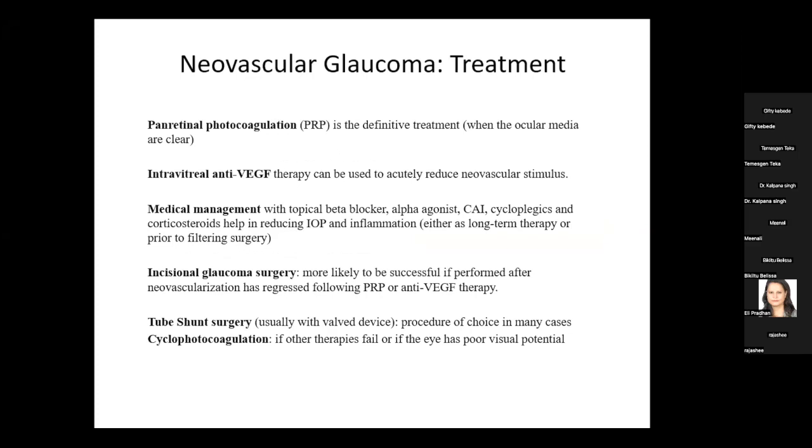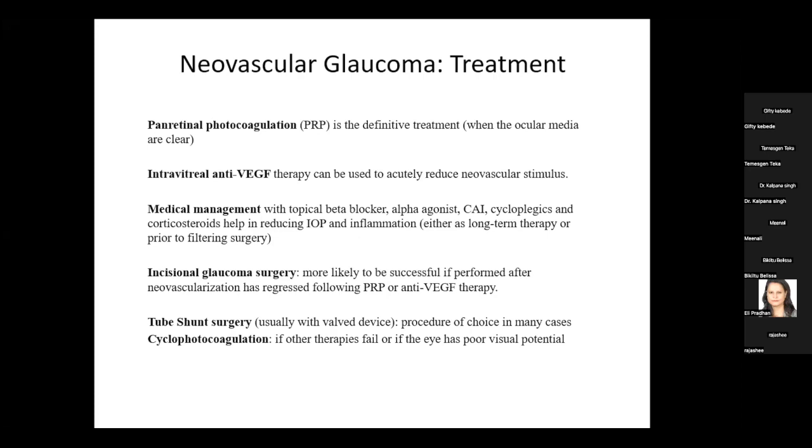It is the definitive treatment if the ocular media is clear. Then we can also give intravitreal anti-VEGF injections to reduce the neovascularization.